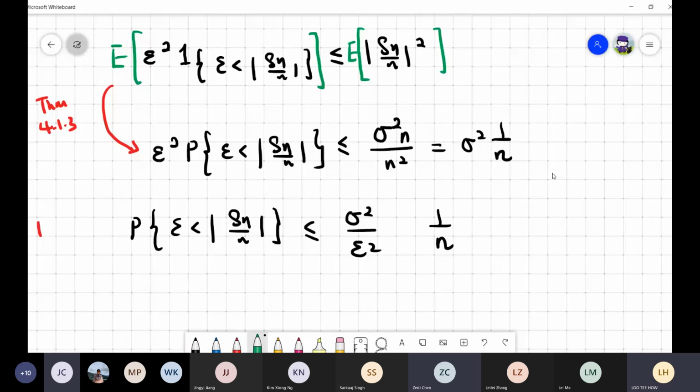Now take note that this one is a finite value, so that's why it's not infinity. Or maybe I should make it clear: this thing is not equal to infinity. When this is a finite value, if we take the limit on both sides, it won't affect the result. So we can take the limit as n goes to infinity, and I think this is 0. So this will be equal to 0.